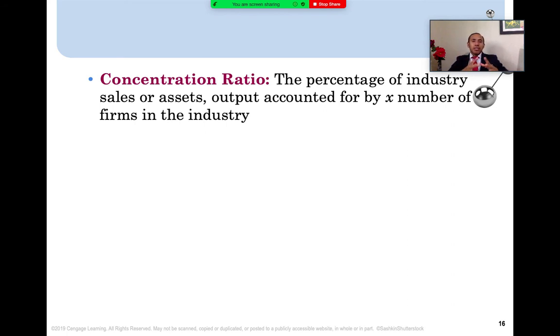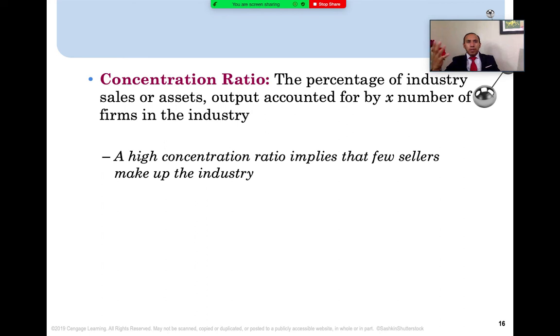If the industry is less concentrated, then you're going to have more firms competing with each other. In the previous example with Coca-Cola and Pepsi, two firms control 76% of the market. So you have a highly concentrated industry where two firms control most of the industry. The concentration ratio often refers to analyzing the four main companies that control the industry and their respective market shares. So let's take a look.